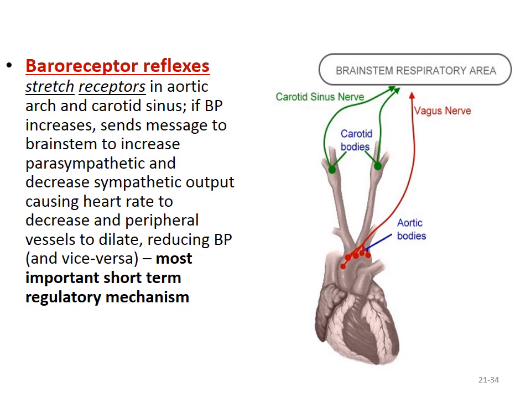If there's increasing blood pressure in the arteries, it'll cause these stretch receptors to fire, and this will send a message to the brain stem, central nervous system, that will result in an increase in parasympathetic and a decrease in sympathetic output to the heart, to the SA node, so that the heart will decrease its rate, and also cause the blood vessels in the body, the peripheral blood vessels, to vasodilate. So these two effects will result in a decrease in blood pressure.